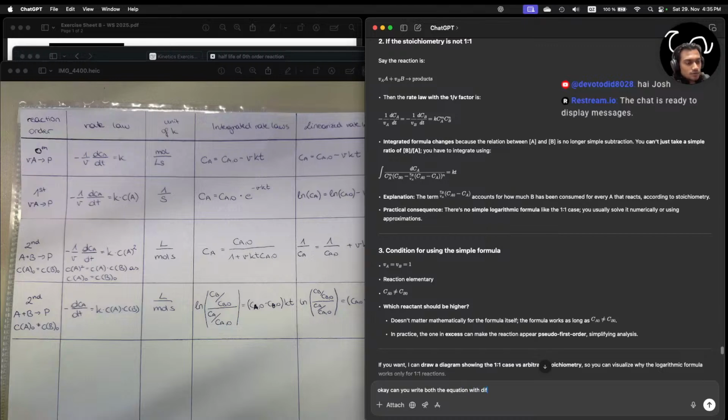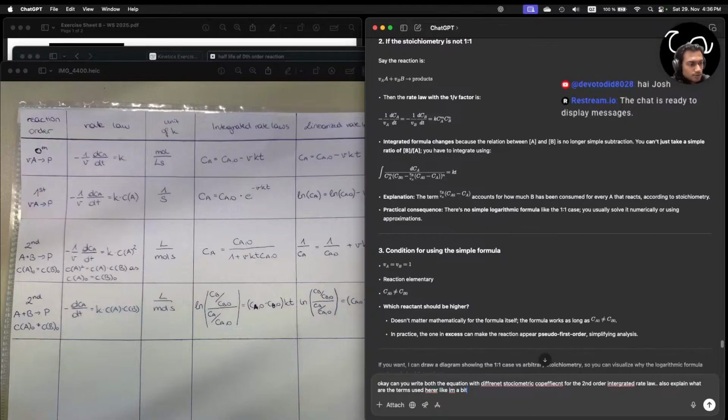with the different coefficient for the second order rate law? Also explain what the terms used are.